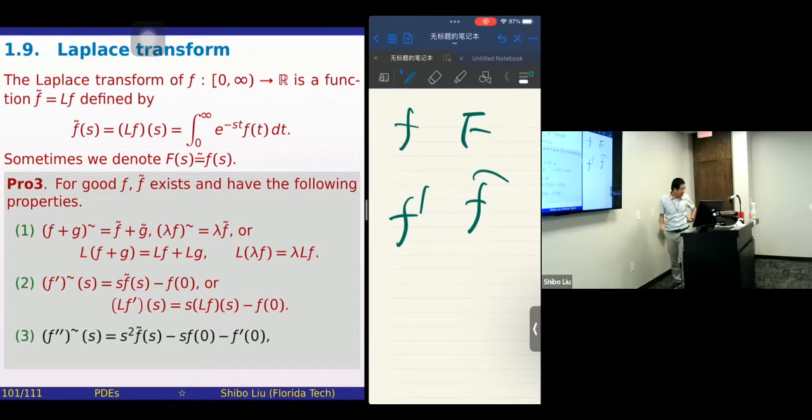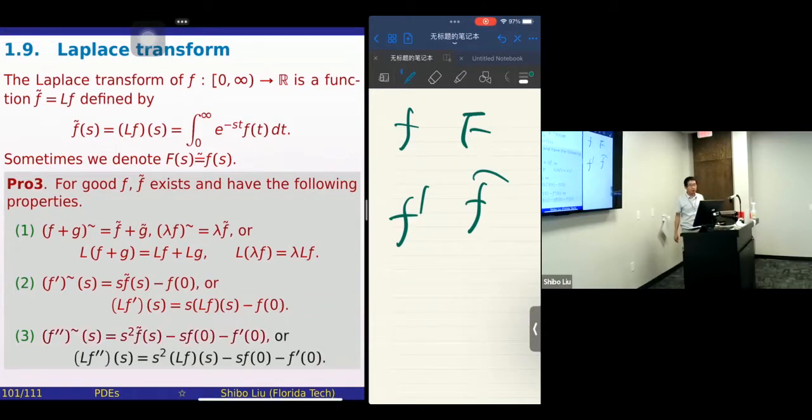For the second order derivative, the Laplace transform equals s squared times the Laplace transform of f, subtract the values of f and its derivative only at 0. Again, this can be expressed in terms of the capital L notation, and then it looks like this. So these are some simple properties of the Laplace transform.